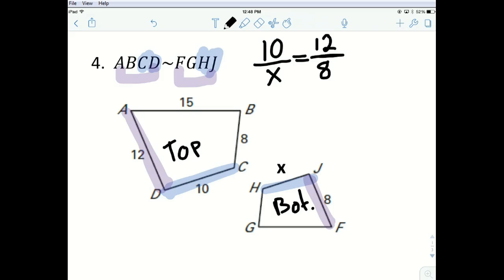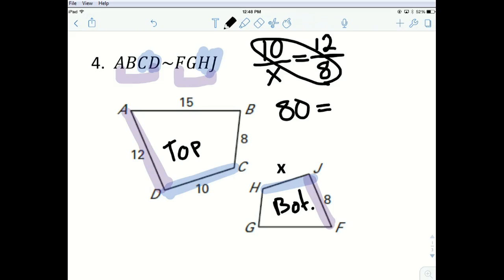Now, it doesn't matter which one you put on top or bottom as long as they stay the same. So you could switch those around. You could have the X on top, the 10 on the bottom, but you must have the 8 on top and then the 12 on the bottom to match. We cross multiply again, as we do with every question on this retake ticket.